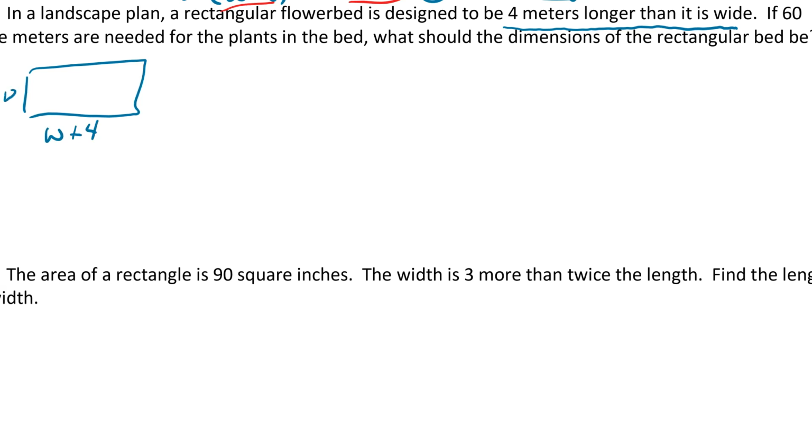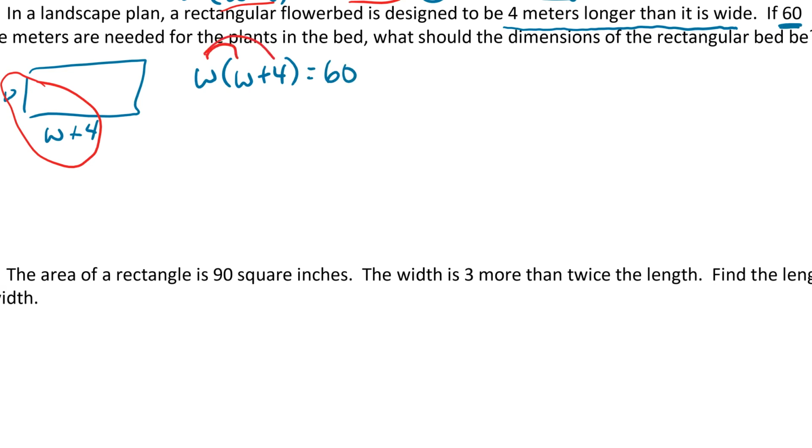And then this other side is just going to be W like always. And we can multiply those. So W times W plus 4 equals, we want it to be 60 square meters. So equals 60.